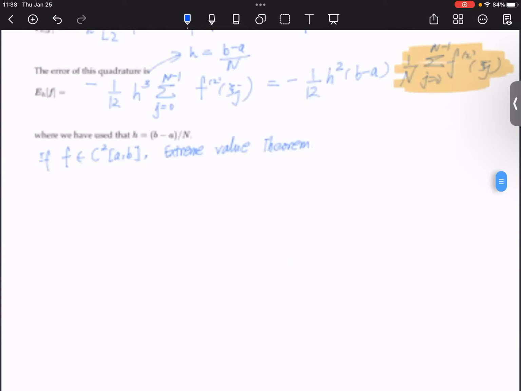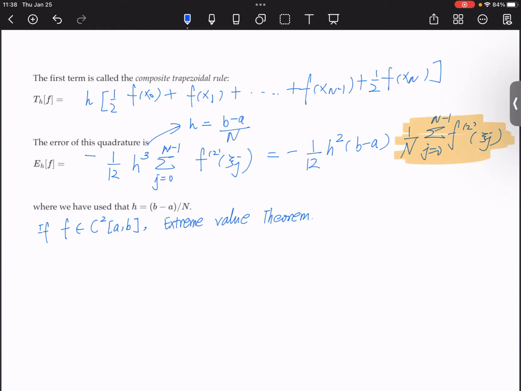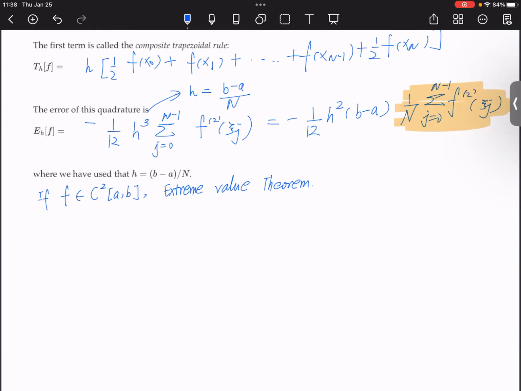So let's go back to what we have here. We are going to use two theorems from calculus to figure out a common c to represent the error. The extreme value theorem implies that, because f is twice continuously differentiable, f itself is continuous, the first derivative is continuous, and the second derivative is also continuous.